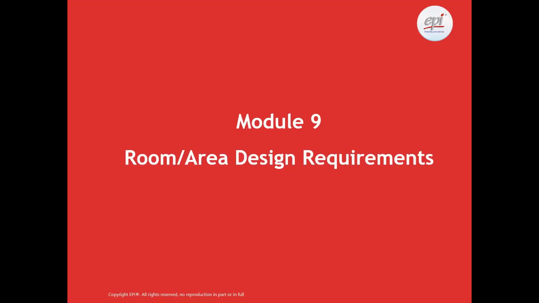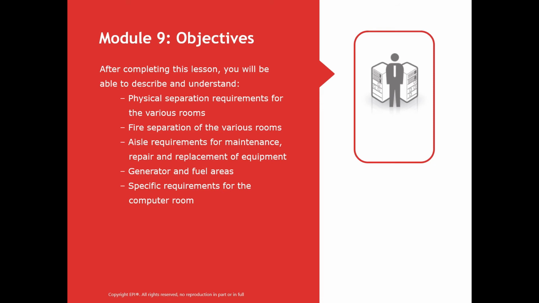Module 9 will look at the various rooms and spaces and their design requirements within the data center facility. In this module, the objectives will be to look at the physical separation requirements for the different rooms in the data center facility, what sort of fire separation is required based on the rating level you're trying to achieve.